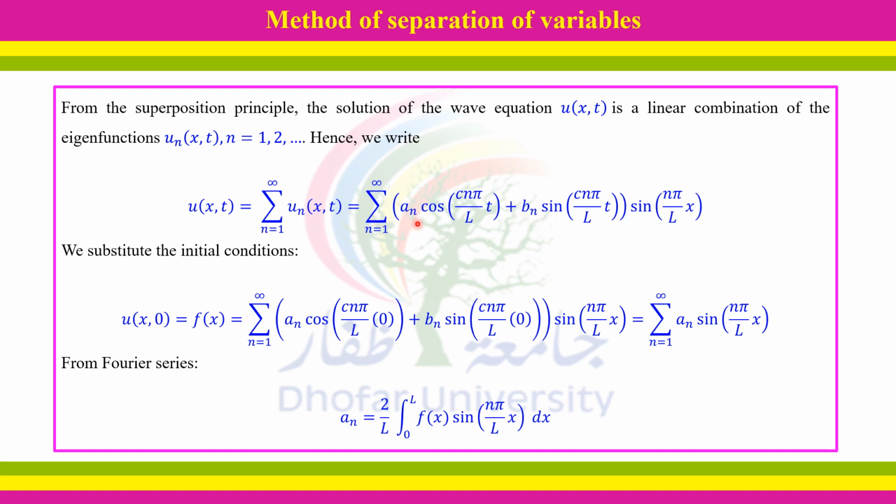And then we remain with the summation of A_n sine n pi over L x. From the Fourier series, we know that A_n is just 2 over L times the integration of f of x sine n pi over L x dx from 0 to L. So we can compute A_n from the Fourier series.